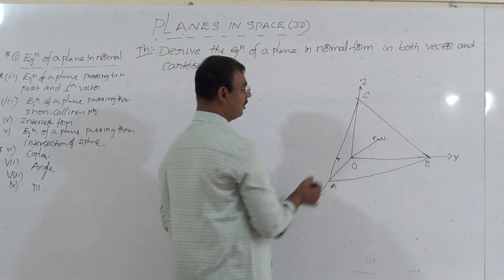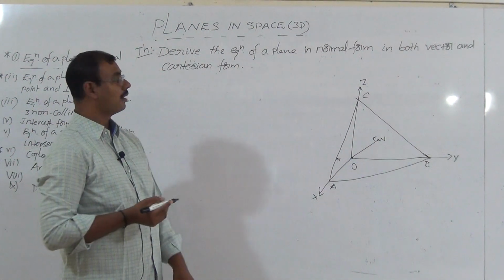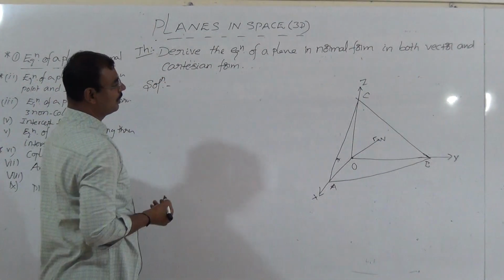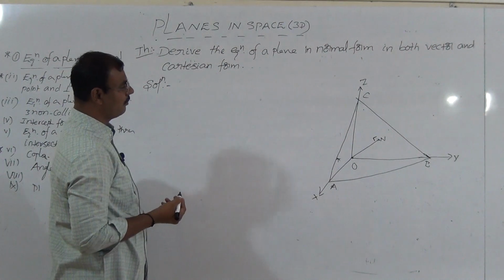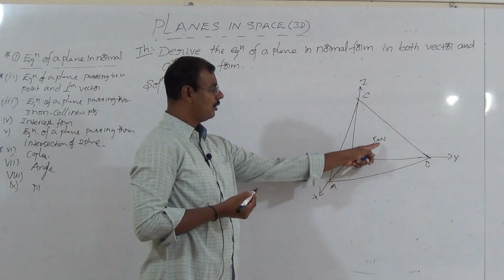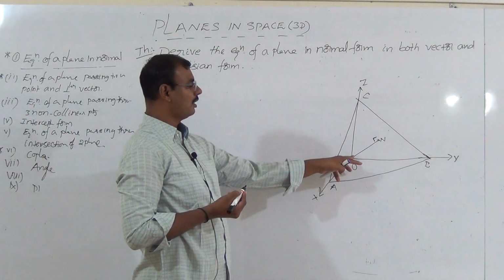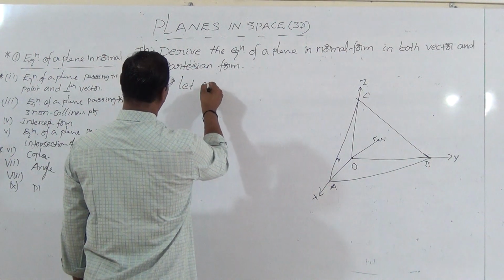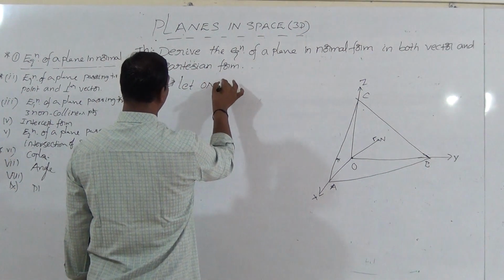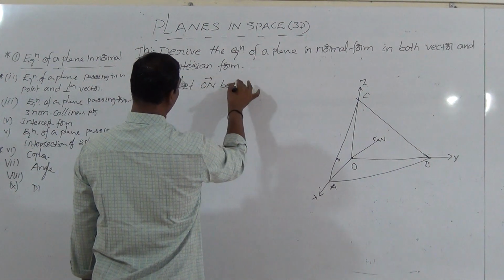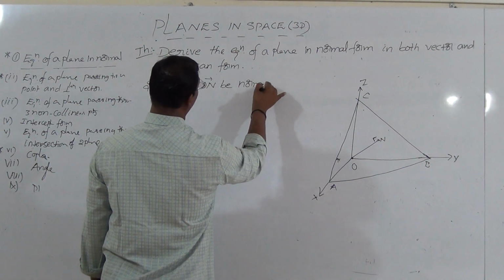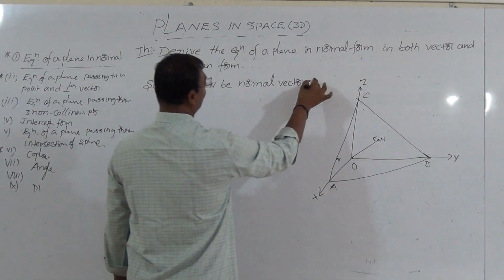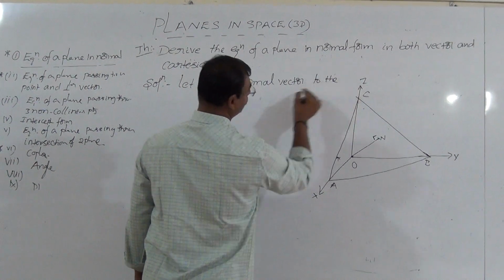ON is the normal vector. How to write the derivation here? The first sentence we write: let ON be the normal vector to the plane.